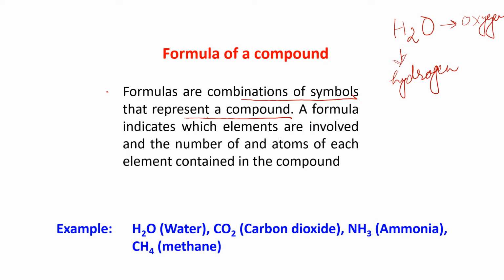Second, a formula indicates which elements are involved: hydrogen and oxygen. And the number of atoms: by seeing the formula, you can say that 2 atoms of hydrogen and 1 atom of oxygen are present in 1 molecule of water.